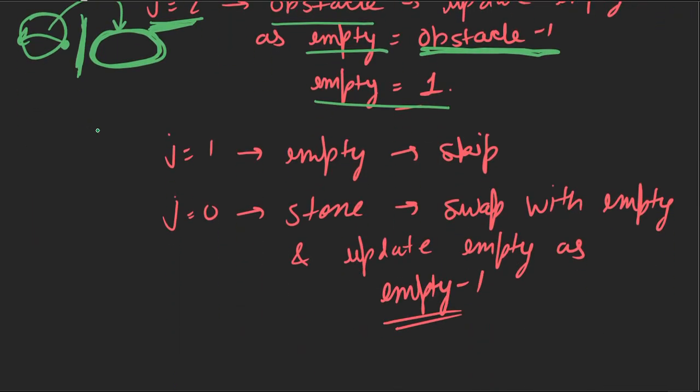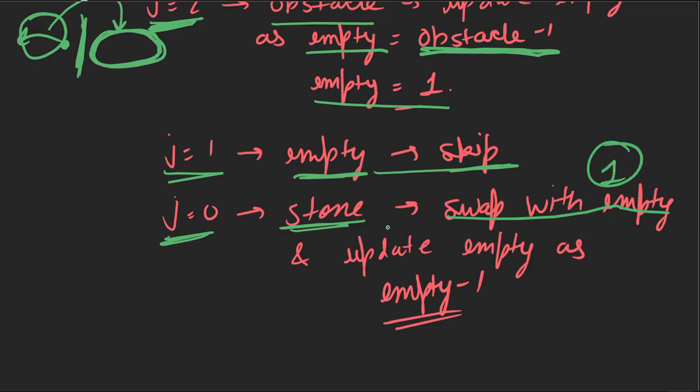Then at j is equal to 1, we have empty, so we directly skip. And at j is equal to 0, we have stone, so now we swap this stone with the empty, so we have empty at 1, so we swap the stone with 1 and then update empty as empty -1.